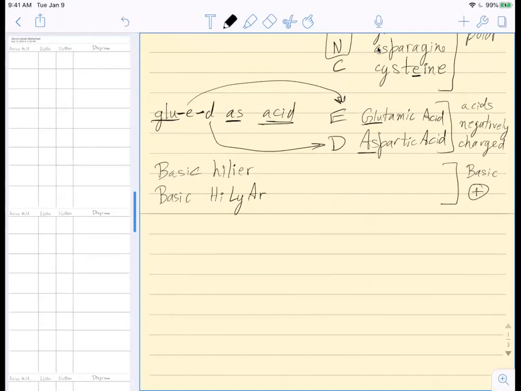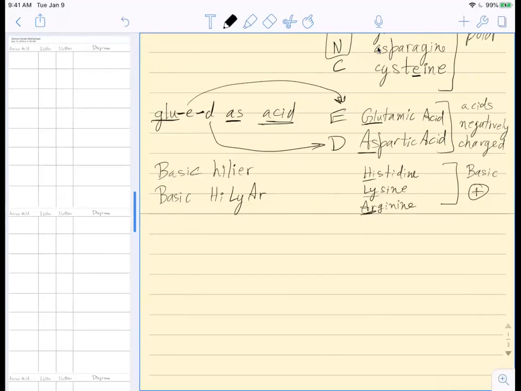If that doesn't make any sense, that's fine. You can read up on that at a separate point in time, what physiological pH means. And yeah, so they're basic. Highlighter, oh, okay, that's histidine. Gets us started with the HI, lysine. Gets us started with the LI. AR, arginine.